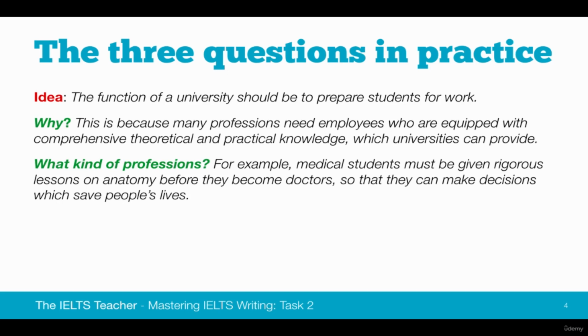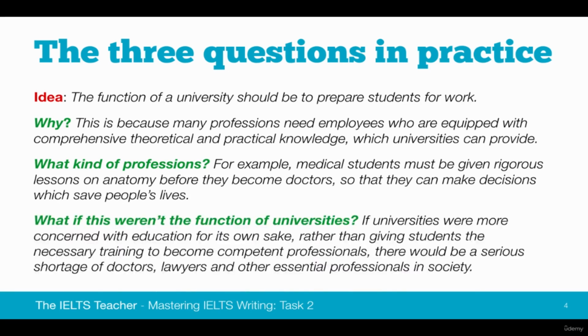And finally, the what if. What if this weren't the function of universities? So, if universities were more concerned with education for its own sake instead, rather than giving students the necessary training to become competent professionals, there would be a serious shortage of doctors, lawyers, and other essential professionals in society.